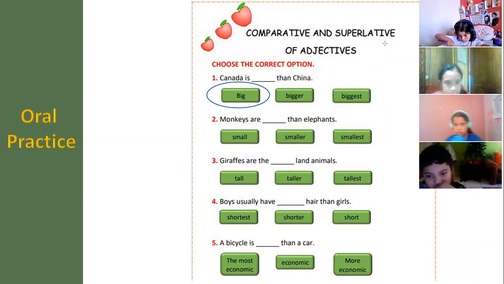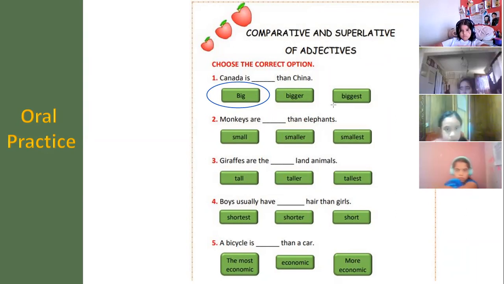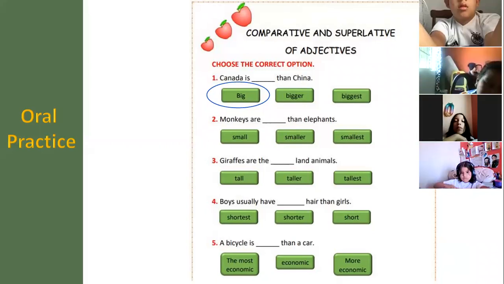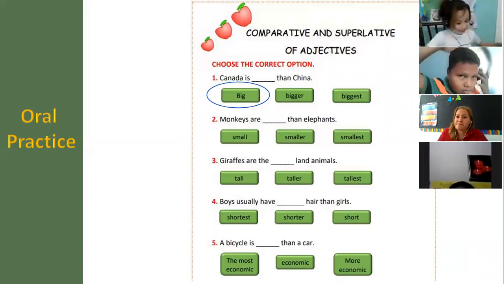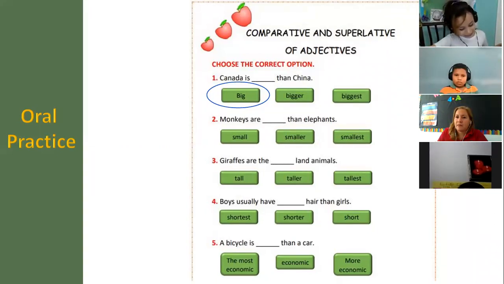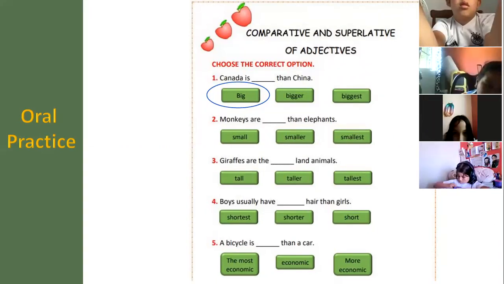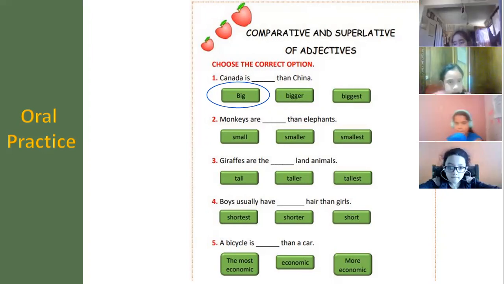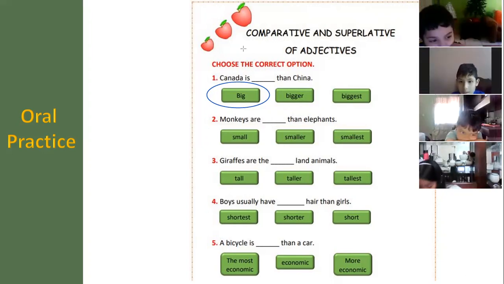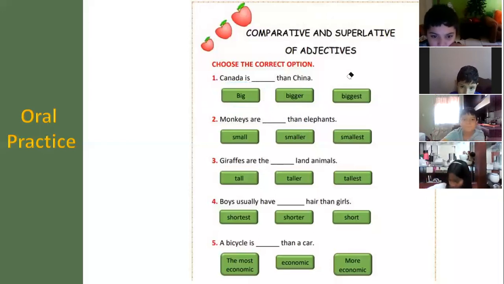I said Alan. No. Now Ryan. How is Alan's answer correct? No. What is the correct answer? This one is not. So is it bigger or biggest?